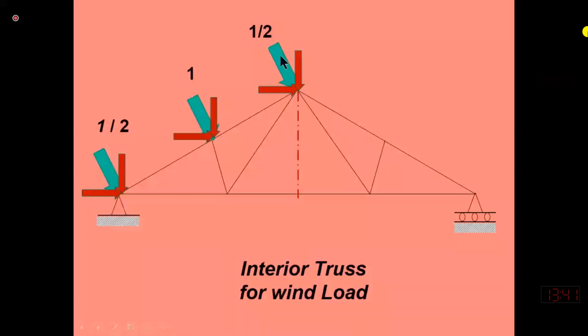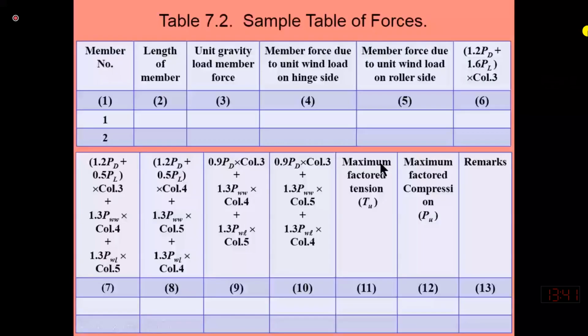You can apply 2 loads and determine the internal forces in each member of the truss, and then write these forces in column number 4. And then in column number 5, you will perform another analysis for unit wind load, but now the wind is acting on the roller side, or the right side.